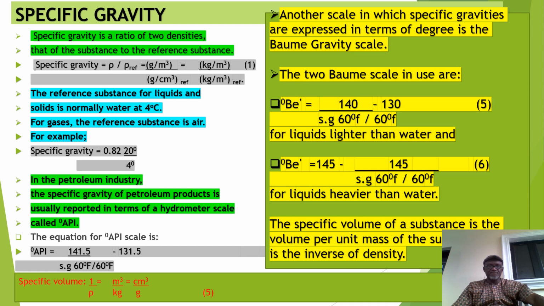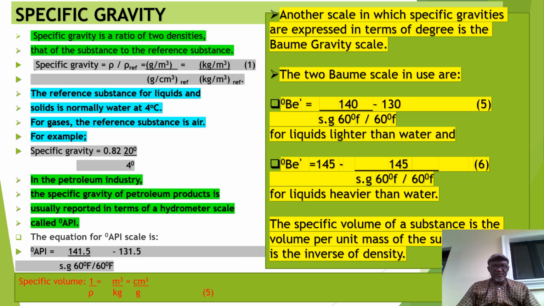Specific gravity. Now, specific gravity, simply speaking, is a ratio of two densities. You can see what we have here, the density of the substance divided by the density of the reference substance. For liquids and solids, the reference substance is usually water at 4 degrees C. Remember, we're saying 4 degrees C if you remember the anomalous behavior of water.